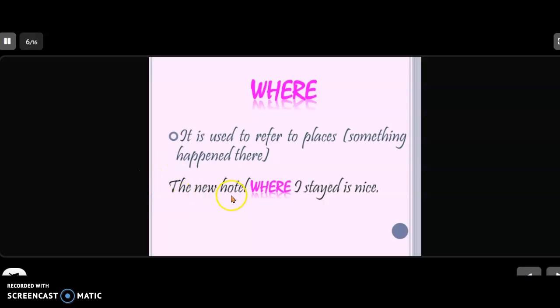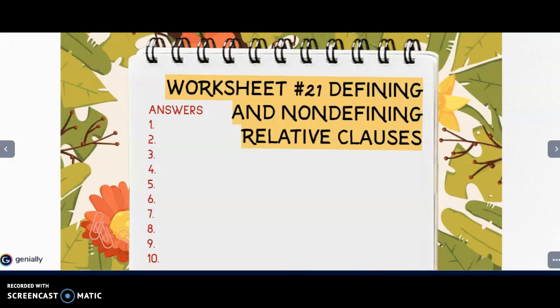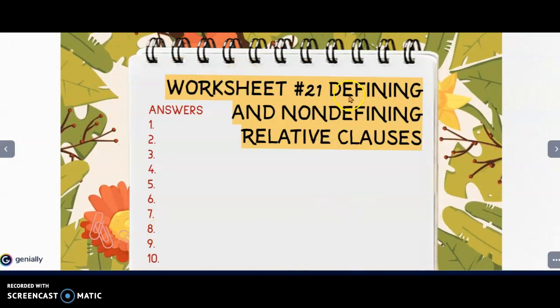The new hotel where I stayed is nice. Something happened in this place, in this hotel, because I am describing what happened. I stayed there, okay? The hotel where I stayed is not any hotel in the world, it's this one. We are being specific.